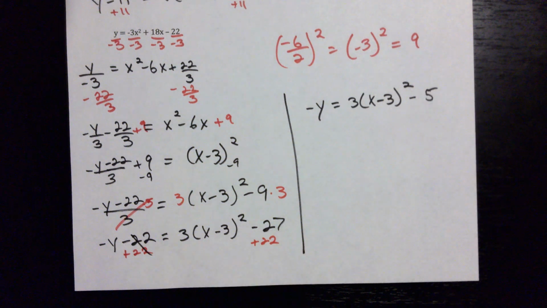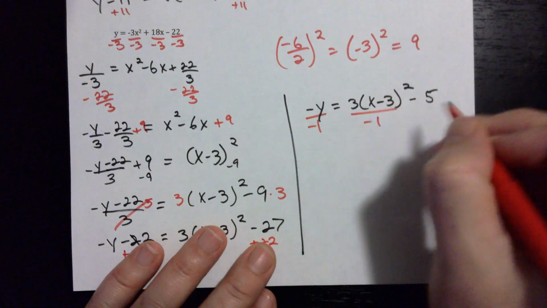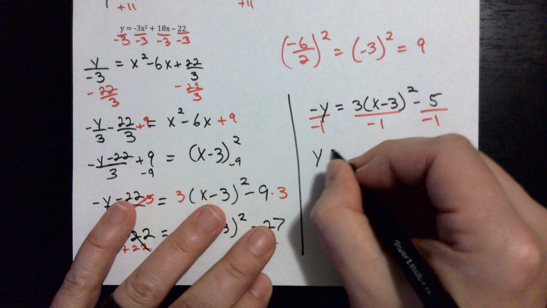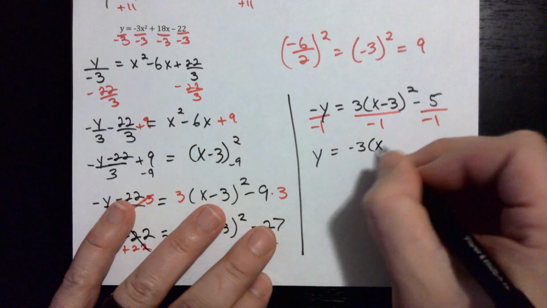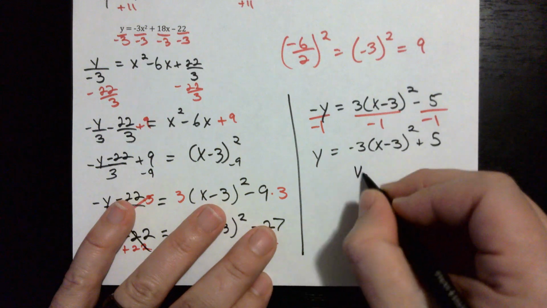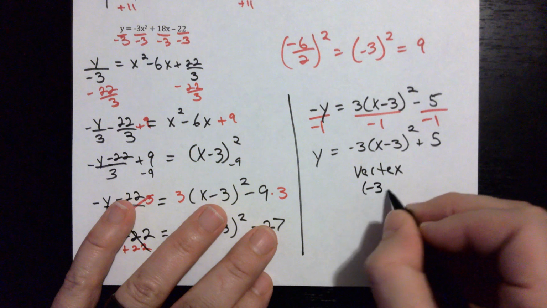And then my last step is to change this from a negative to a positive. We can do that by dividing or multiplying by negative 1, either way. So the sign changes to positive y equals negative 3 times x minus 3 squared plus 5. Our vertex, if you're looking for that, is equal to negative 3, 5.